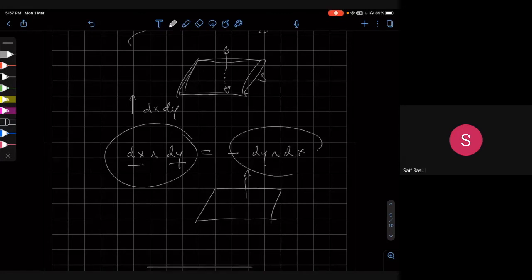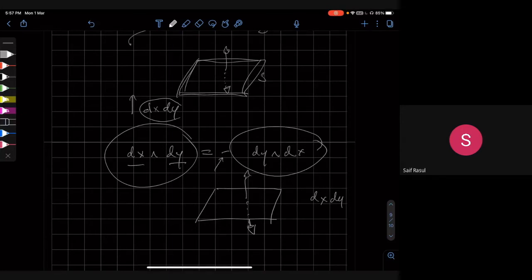And what does this mean, with the minus sign outside? That means it's the integration of dx dy, but in the opposite direction. And they're of course related by a minus sign.